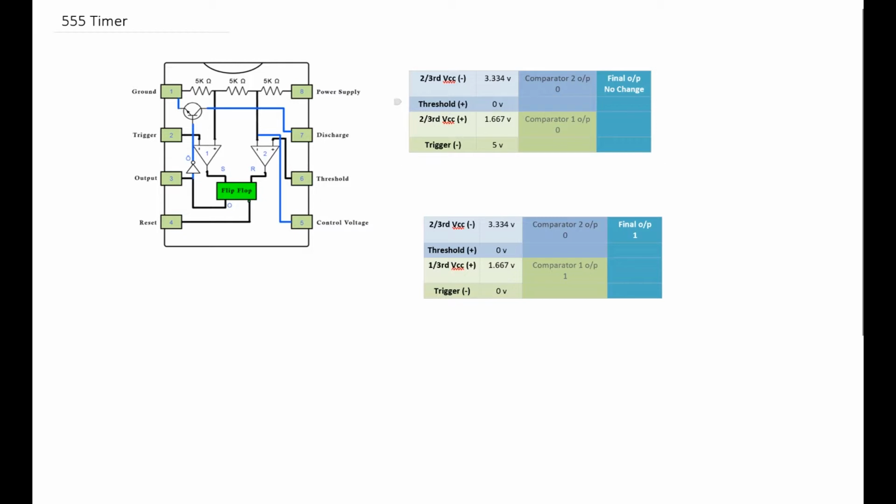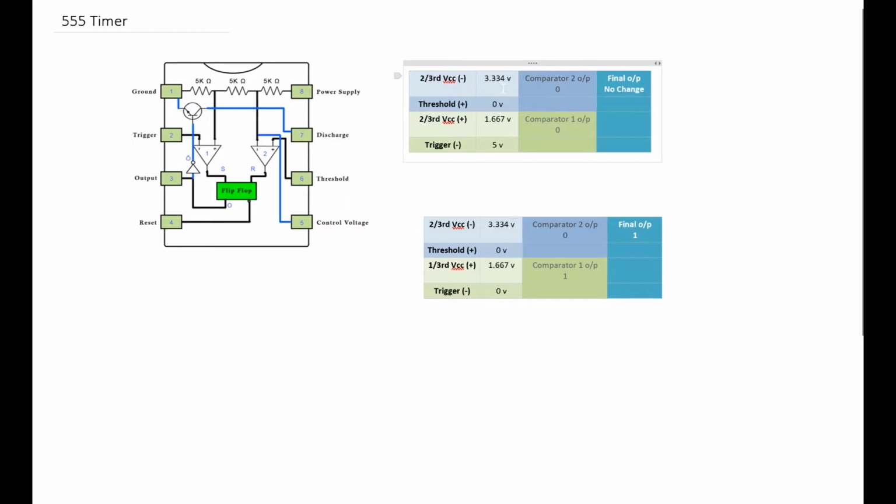So if you look, we had two comparators, comparator 1 and comparator 2. In this case, when the buttons are not pressed, comparator 2 has 2/3 VCC as an input to the inverting terminal over here. As you can see, the non-inverting terminal gets an input from the threshold, which is going to remain 0 in either case.